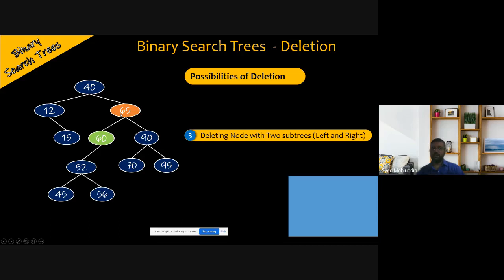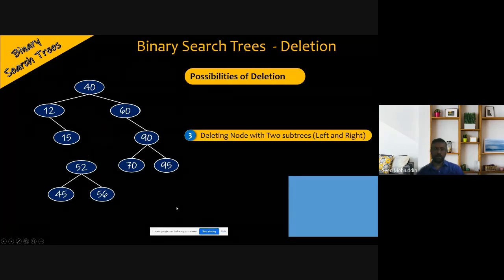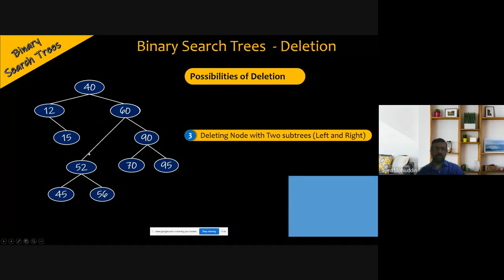That element will replace node 65, the node we are deleting. So we replace node 65 with node 60, because we are considering the left subtree, so it's the largest element from the left subtree. Then we make the child of the node the left subtree. So this satisfies the criteria.